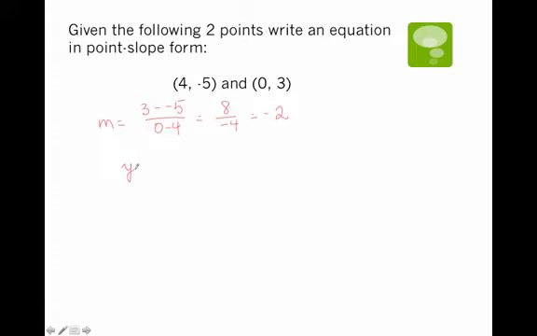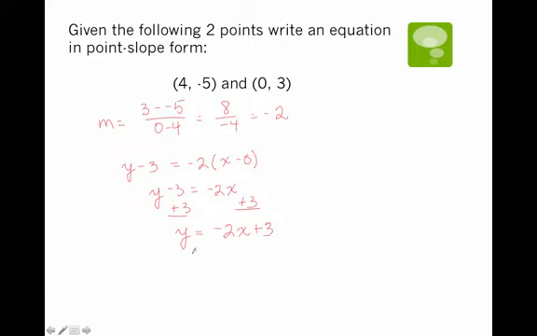And I've got y minus, I'm going to use the second point this time for some reason, y minus 3 equals negative 2 times x minus 0. So I've got y minus 3 equals negative 2x. Of course, that's 0. And I'm going to add my 3 to both sides to isolate my y, and I get y equals negative 2x plus 3.